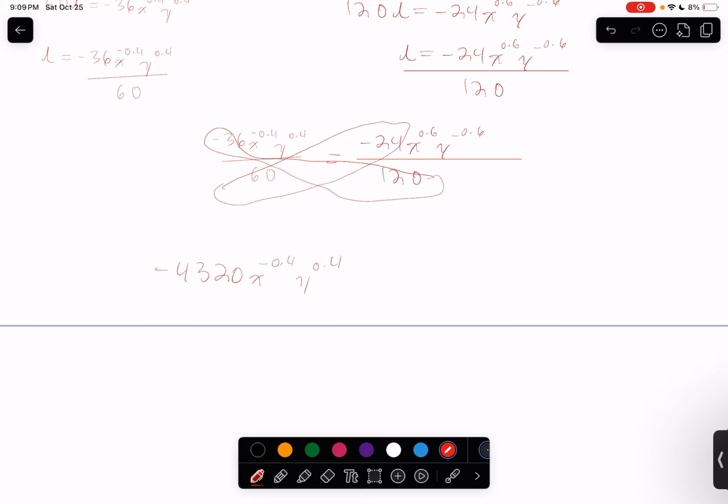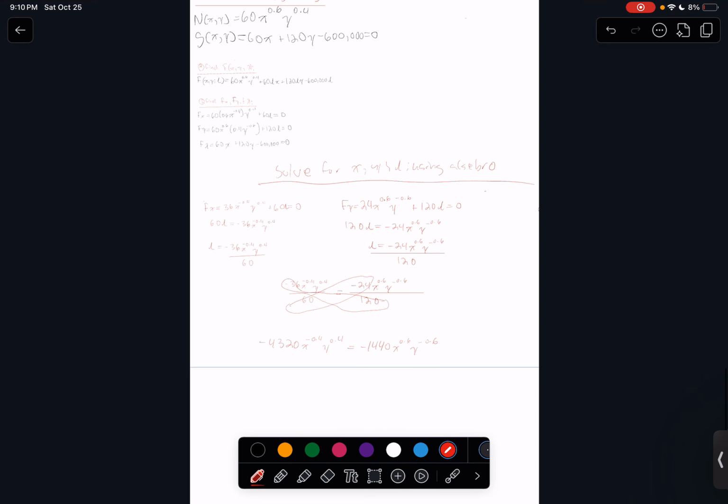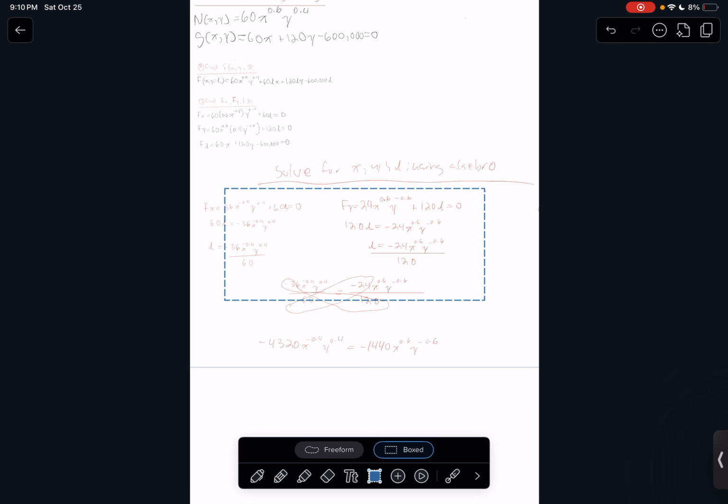Okay? And that's going to equal to, when we multiply 60 times negative 24, we're going to get a value of negative 1,440 x to the power of 0.6, y to the power of negative 0.6. All right. Now, our next step in this whole ordeal, let me make this a little smaller as well.